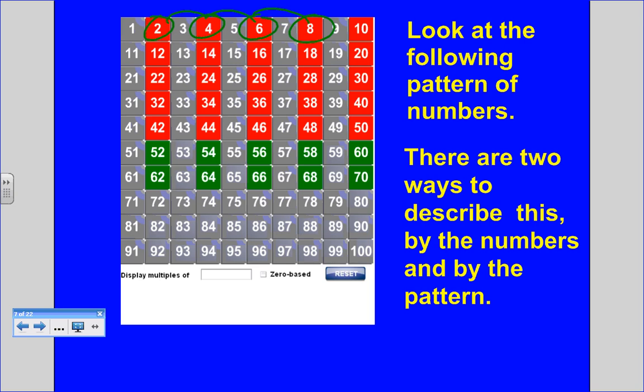Notice every number that I've done. Now, when you say you're counting every even number, is that describing by the numbers, or is that describing by the picture? By the numbers. She's using every even number, right? 2, 4, 6, 8. And that's not by the picture, that's by the numbers, okay?